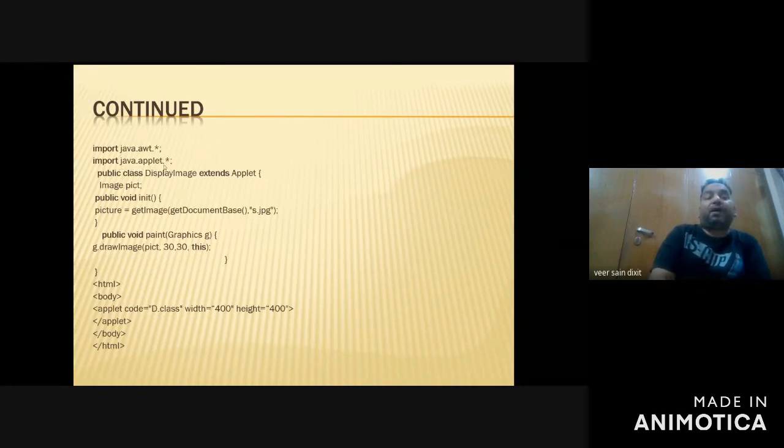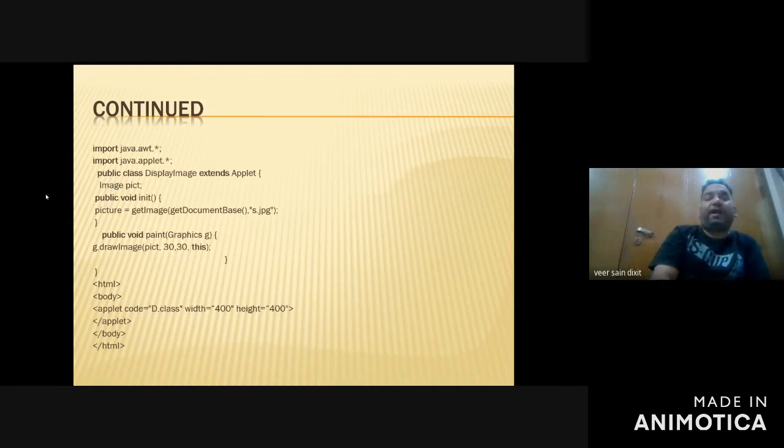You will import public class DisplayImage extends applet. Here you are creating a user defined class DisplayImage, which is extending applet. Here picture is a variable, an object of the image class.